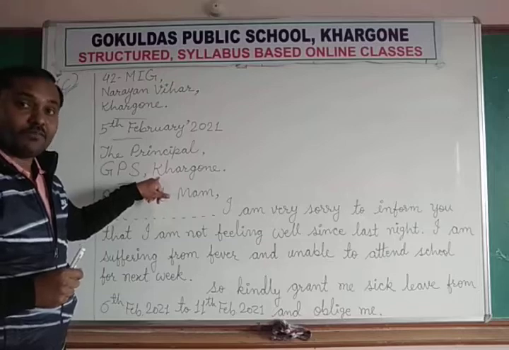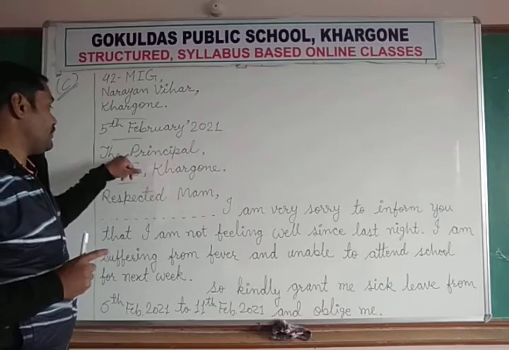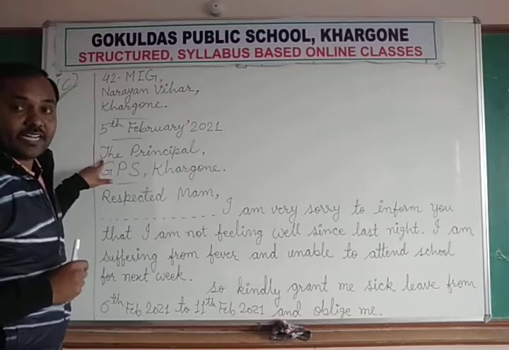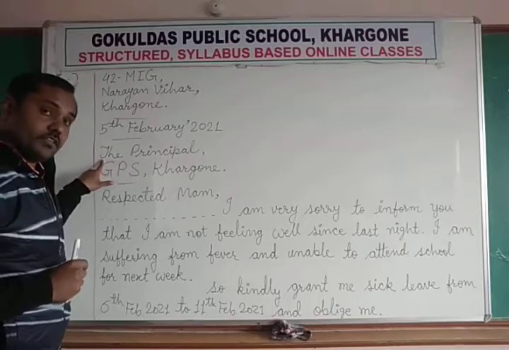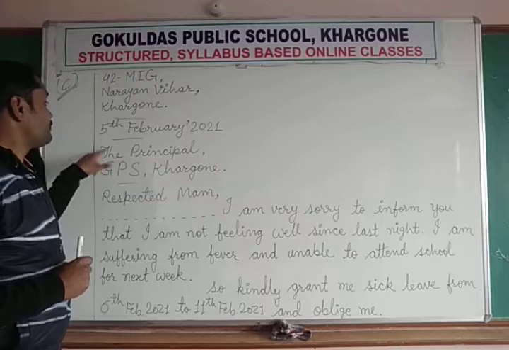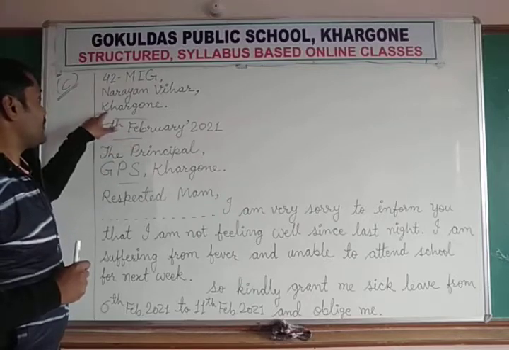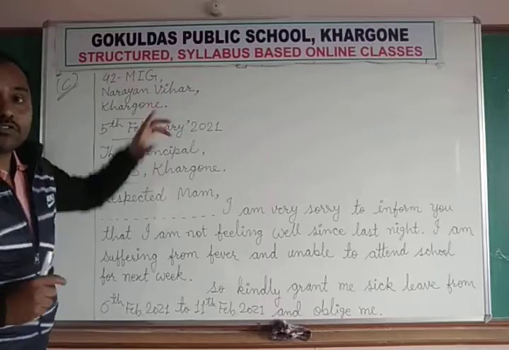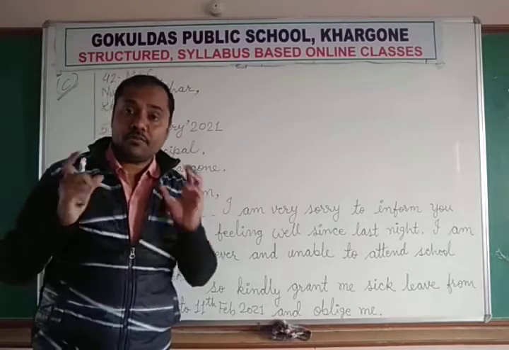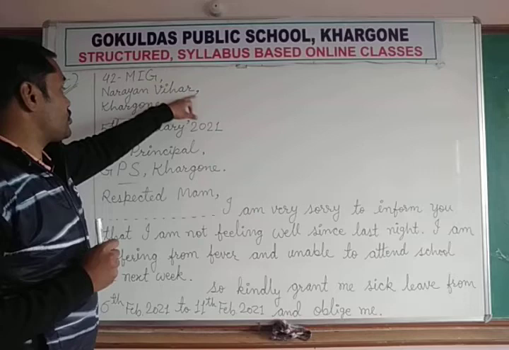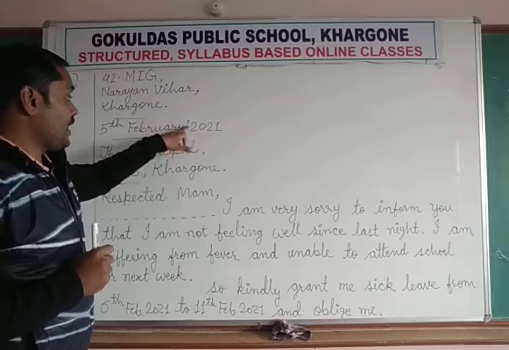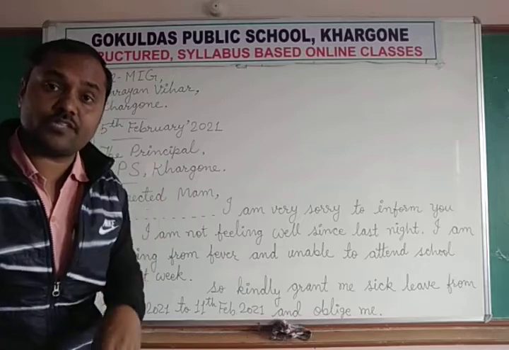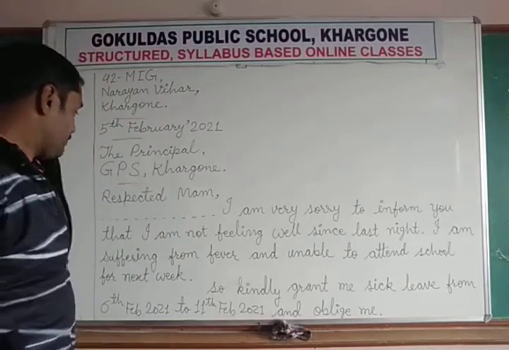Khargone, the name of a place, always starts with a capital letter. Principal, P starts with capital. The first letter of the line, T, is capital. February, F is capital. Khargone, Narayan, Vihar, MIG, this is an abbreviation. You should notice carefully wherever I have used commas, full stops and apostrophes, otherwise you will lose marks.